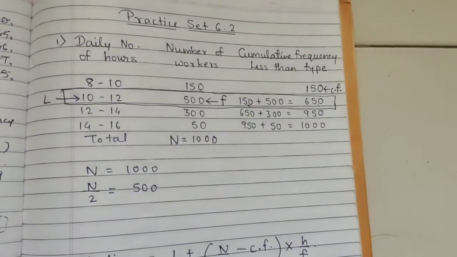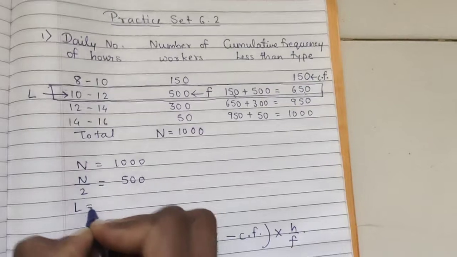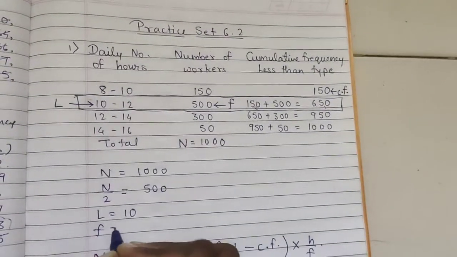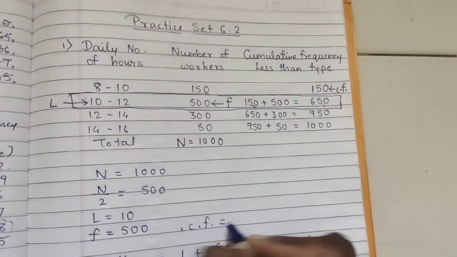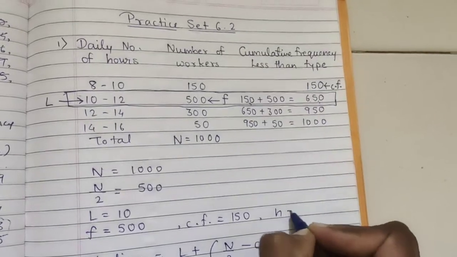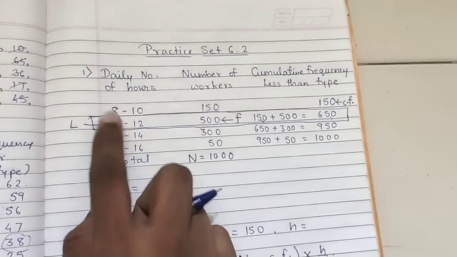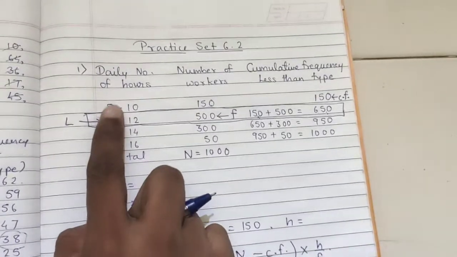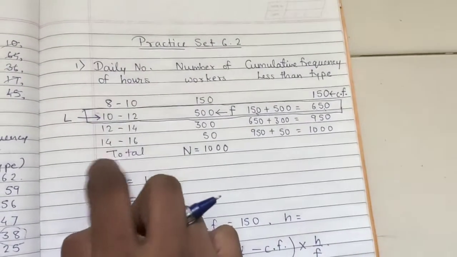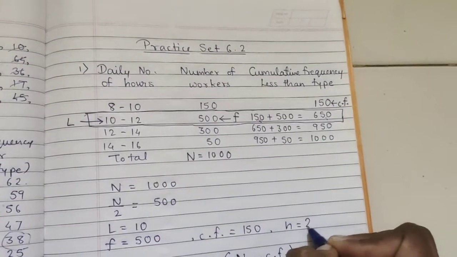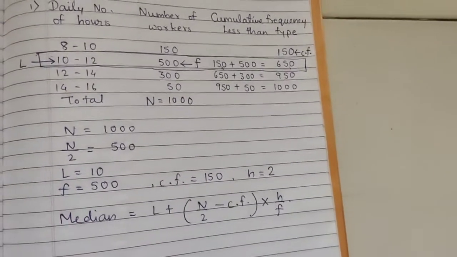So we have L value 10, f value 500, CF value 150, and what is h? h is the class height, the difference between any two lower limits or upper limits. 10 minus 8 is 2, 12 minus 10 is 2, so every time we get a difference of 2, and the class height is 2.